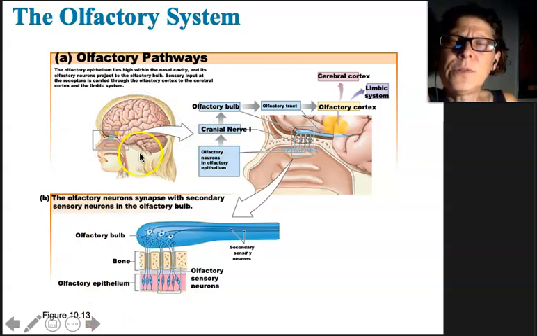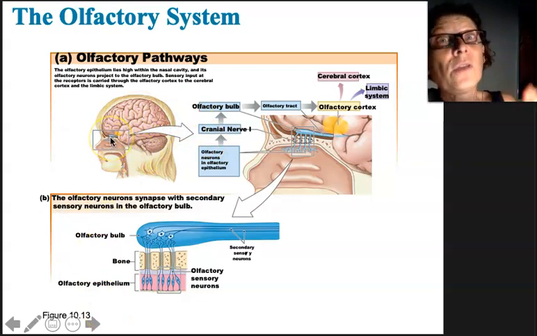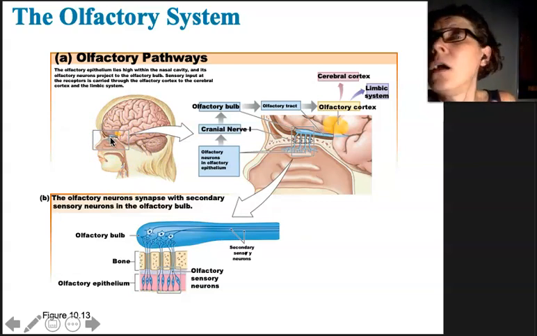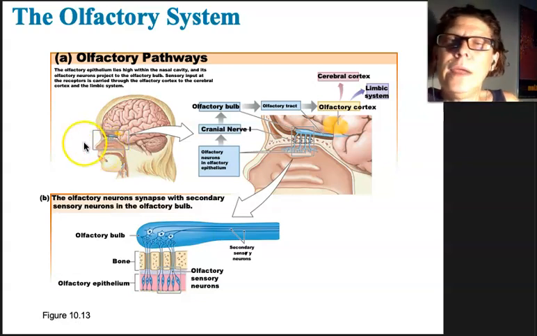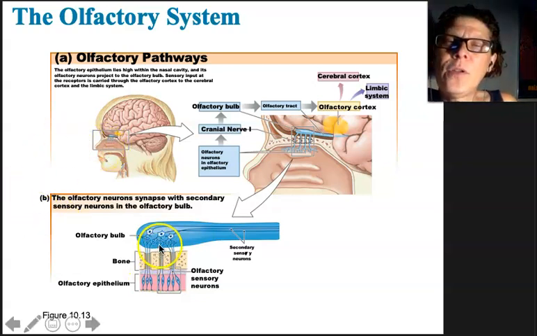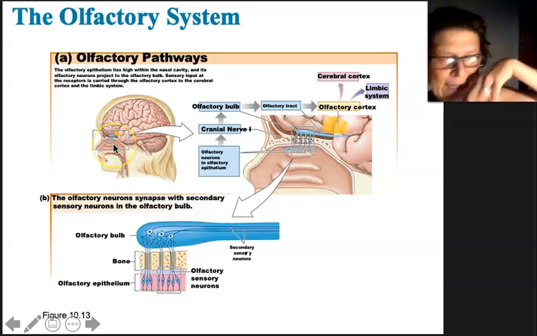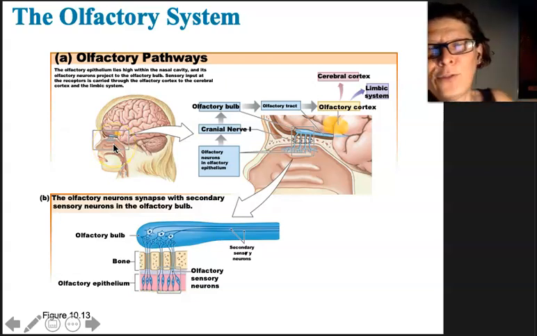Figure 10.13, you have the olfactory bulb, which is associated with the olfactory tract. And of course, that's cranial nerve number 1. And the receptors are located in the membrane, the epithelial membrane, and your neurons that are associated are kind of dangling into that.